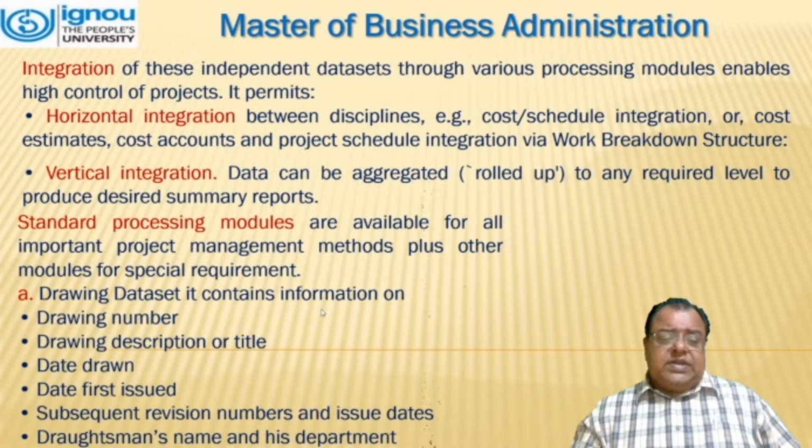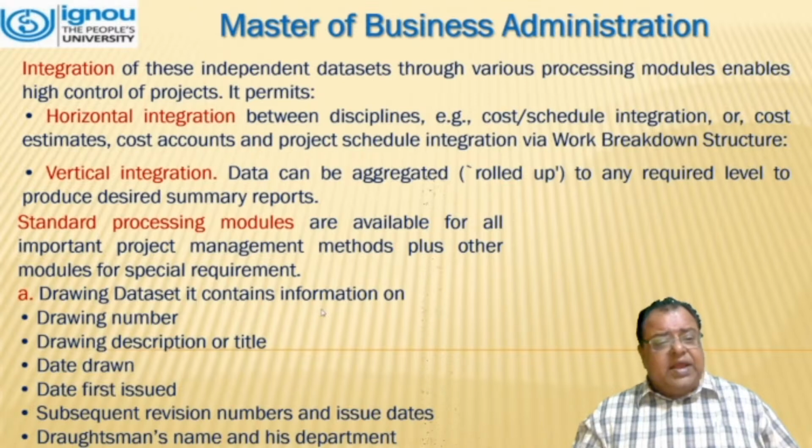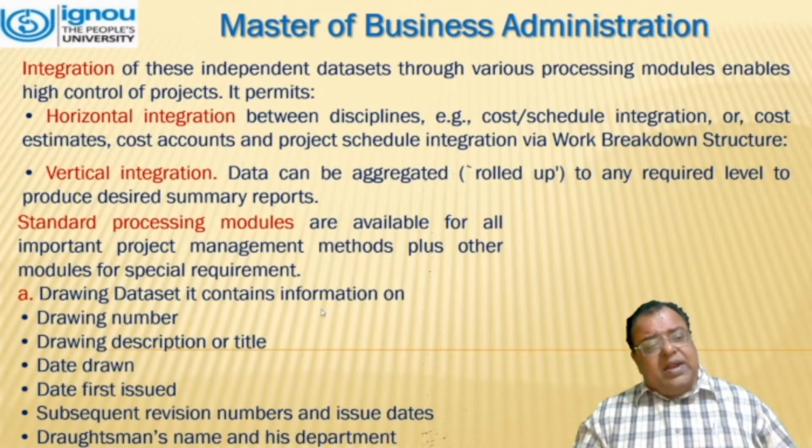Integration of these independent datasets through various processing modules enables high control of project and it permits horizontal integration between disciplines, that is cost schedule integration or cost estimates, cost account, and project schedule integration via WBS.